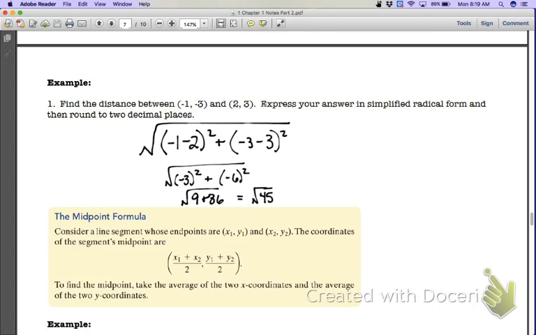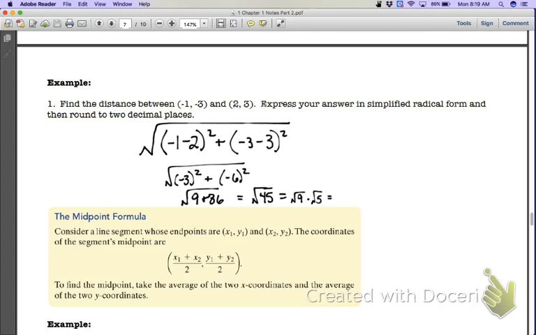Now, if it tells you to put it in simplified radical form, do that. If it tells you to round to two decimal places, do that as well. In this case, it tells us to do both things, so we're going to do both. Remember, 45 in simplified radical form just means the square root of 9 times the square root of 5.